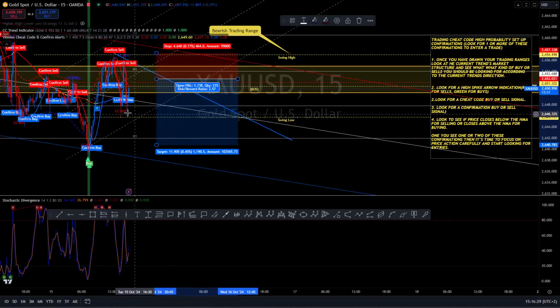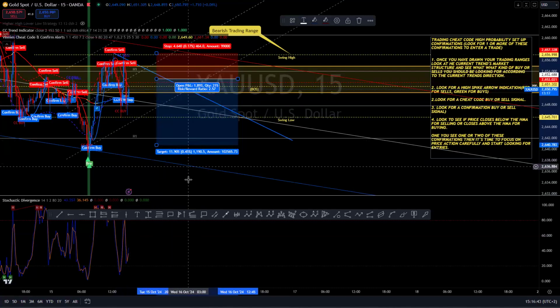We don't see a spike indication yet. No buy cheat codes. We don't see any cheat code buy or sell signal here. So there's no confirmation.